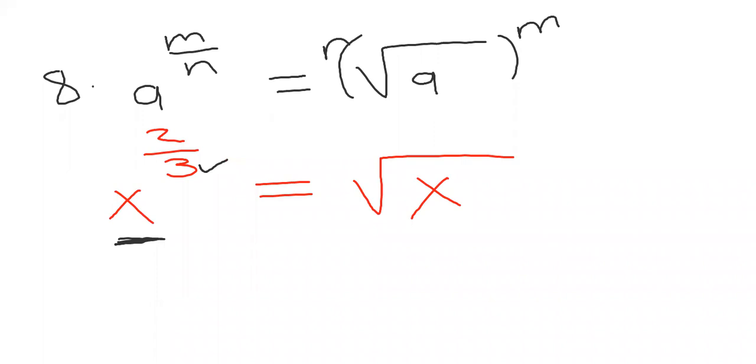The denominator is going to be your root. So you're going to take the cube root of your x. So you put your 3 there, then everything raised to the power of the numerator, which is 2. That's what it means. Then let's do another example.